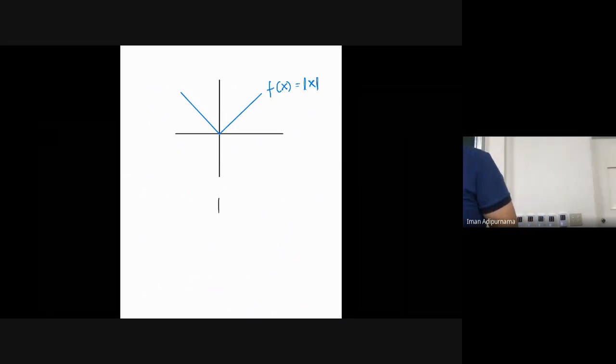So what is the graph like? Actually, you can differentiate the absolute value, but it will have some exception in the graph. Okay. So if you draw the absolute value, you will have a straight line because it's just actually x.